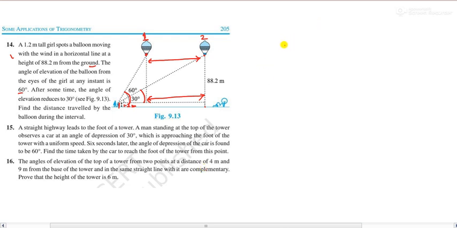So if I write this in a rough diagram, it will look something like this. This is the ground, and this is the balloon, this is the girl, and at first the balloon was somewhere over here. So angle was 60. And when the balloon was here, the angle reduced to 30.